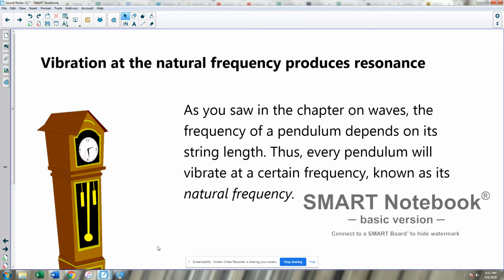There are several different frequencies that can be played on any string. As we learned in our waves unit, when we set up the waves on a string lab, something I wanted everybody to see, with the same string under the same conditions you could get several different frequencies. So there's more than one natural frequency. I wanted to explain that in this lesson.